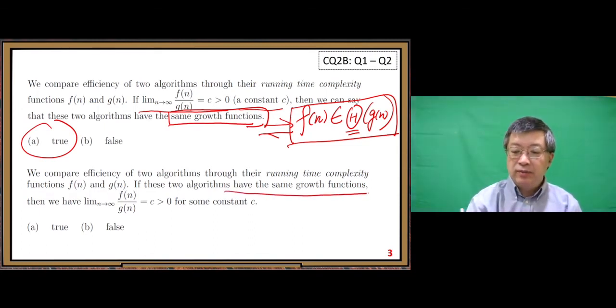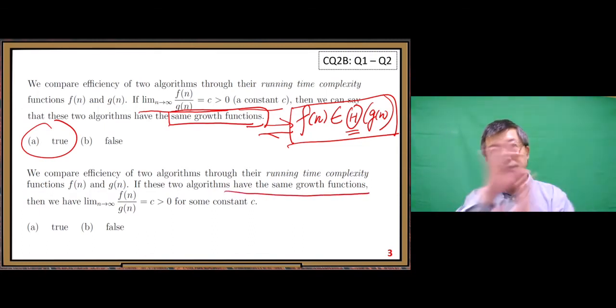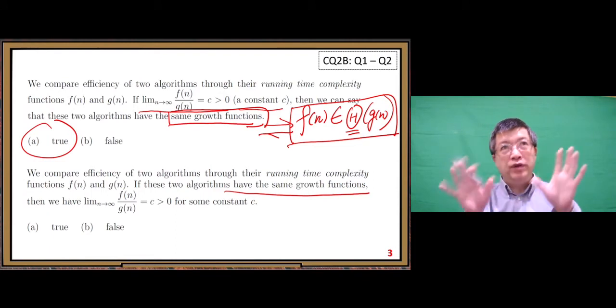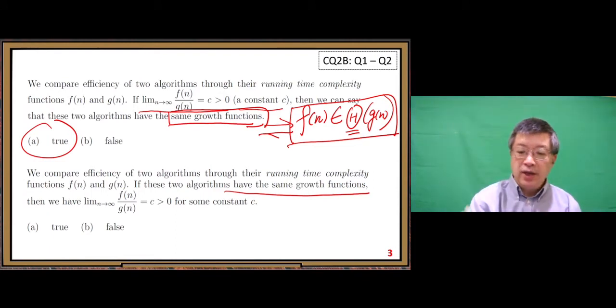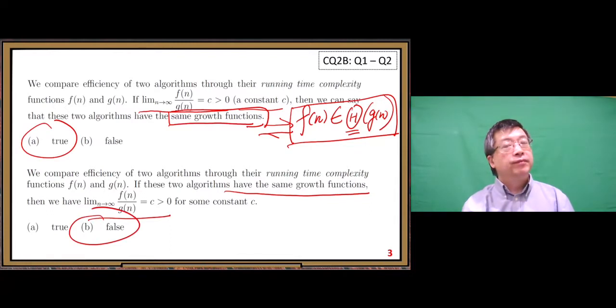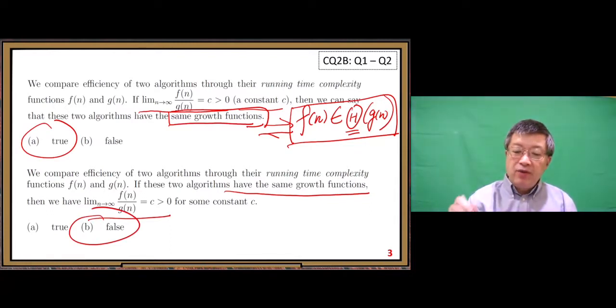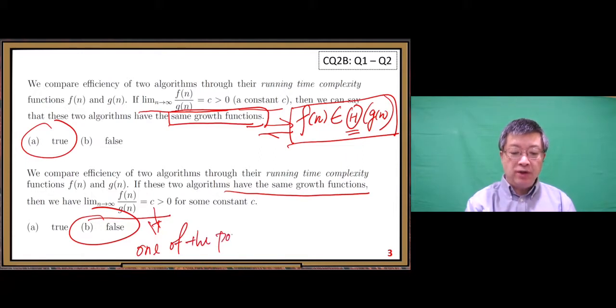we change the order of the conditions. If they have the same growth functions, then we have this limit. The answer is false. Even if they have the same growth functions, this is just one of the possibilities, right?